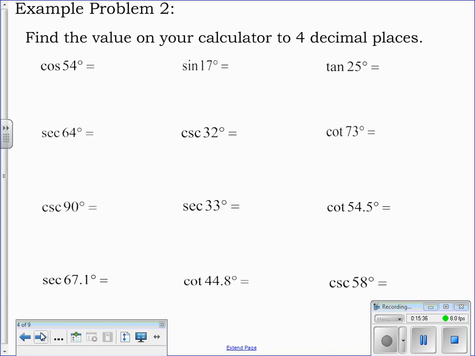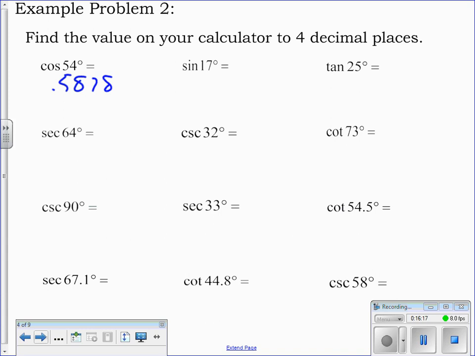Okay, this is all about your calculator. Find the value on your calculator to 4 decimal places. Cosine 54 degrees is .5878, rounded off to 4 decimal places.